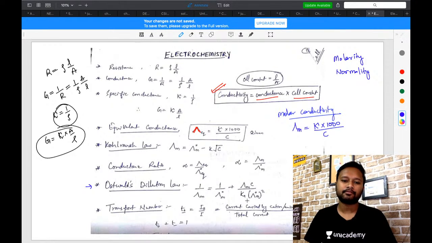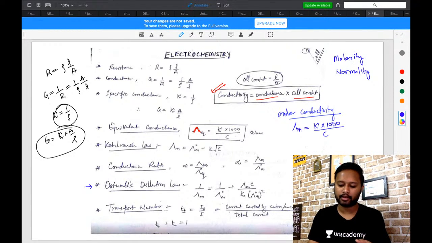Okay. The next thing is transport number. Transport number tells you, see, in the solution you have cation and anion both, right? So how much electric current is being carried by the respective ion.